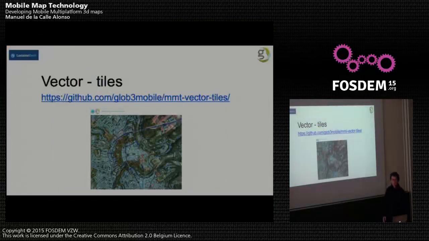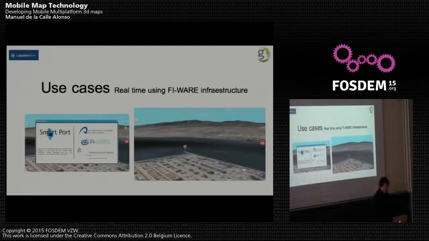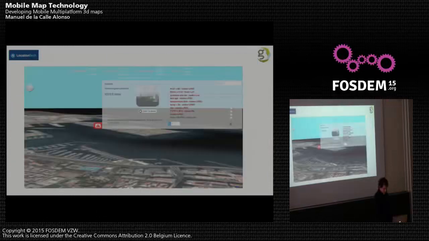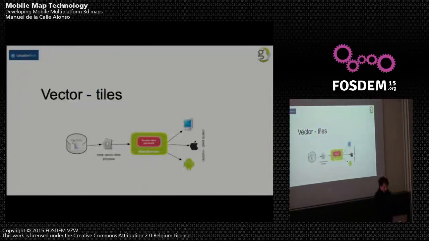We also have different libraries that work in our library, and that work with other software. For example, we have a library of vector tiles. With this library, we get the data from a PostGIS database.